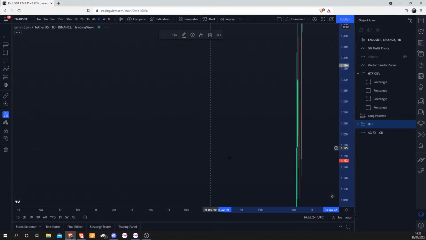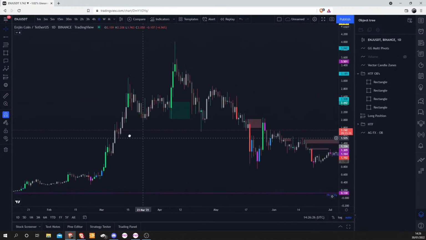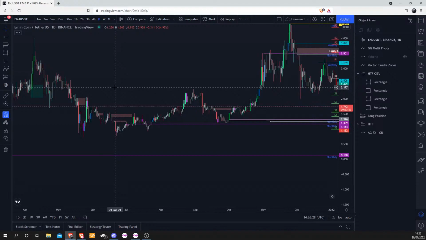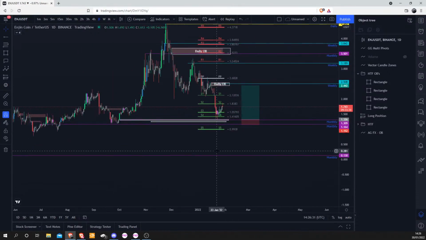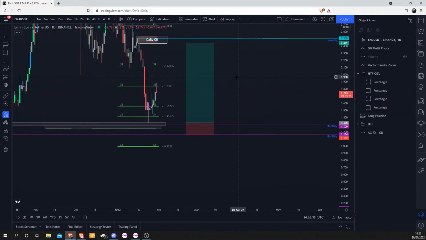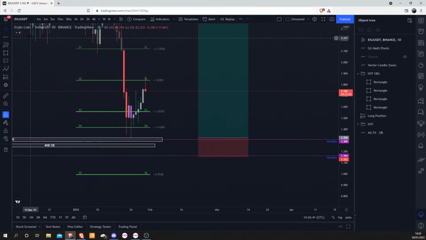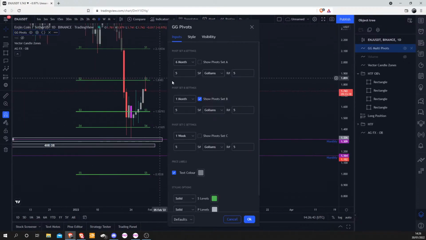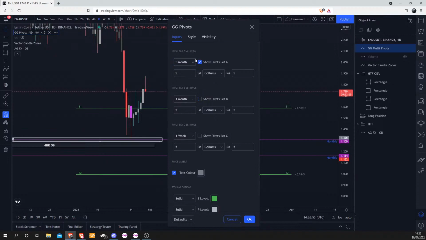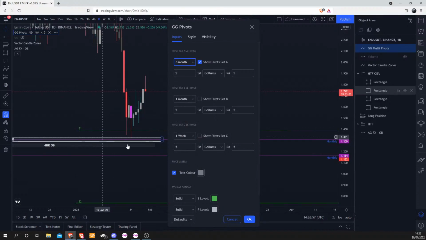Right, so I don't know what you guys think, but for me this is the simplest way to trade alts. The risk to reward on these order blocks and HTF levels is just craziness. Yeah, we see we had the 6-month S1 down there.